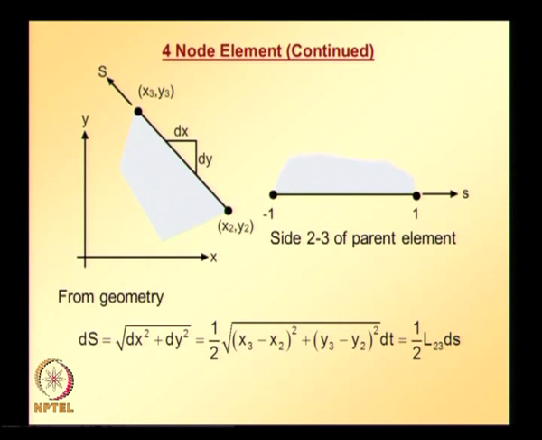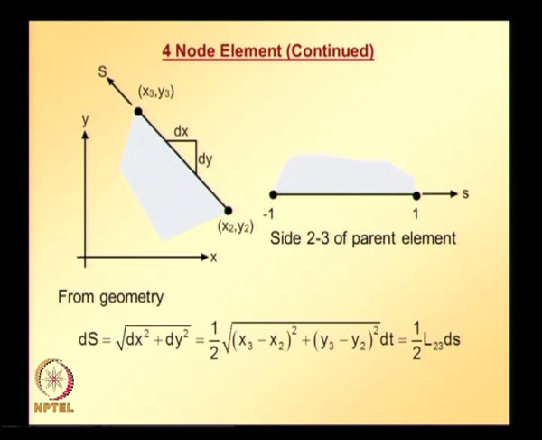the differential element in the actual element, capital D capital S, from the geometry you can easily see is going to be the square root of dx squared plus dy squared, and substituting dx and dy, we get this. And here there is a small typographical error, it should be ds, instead of which dt is typed.